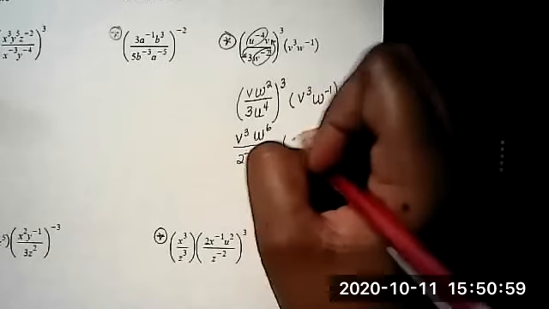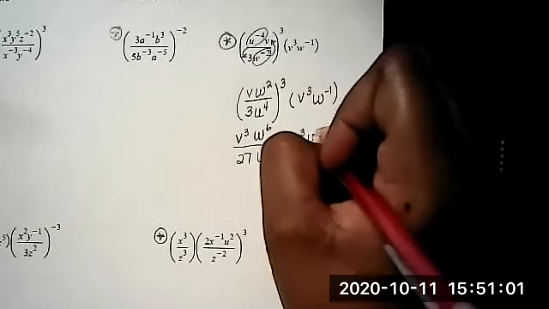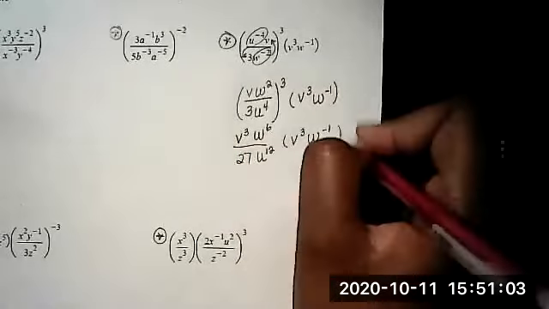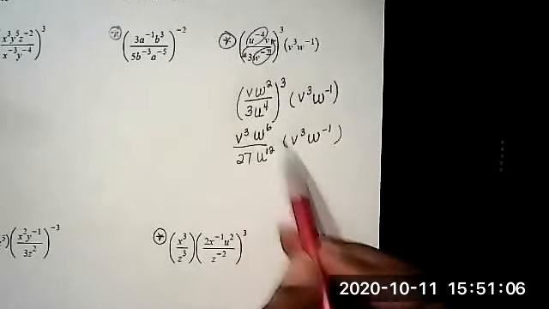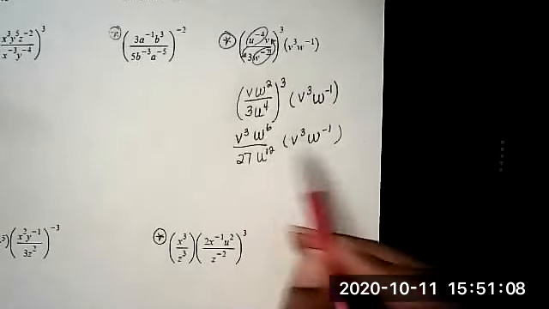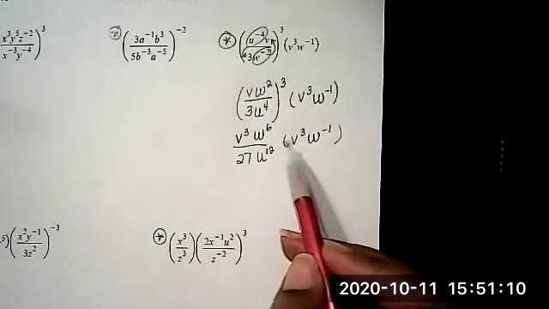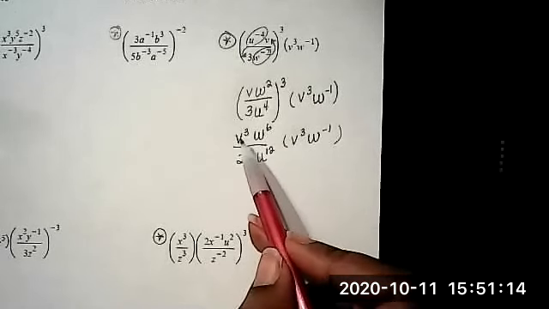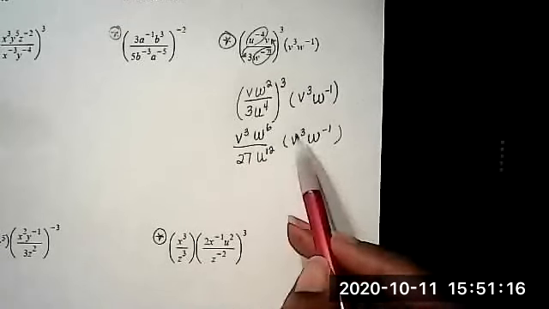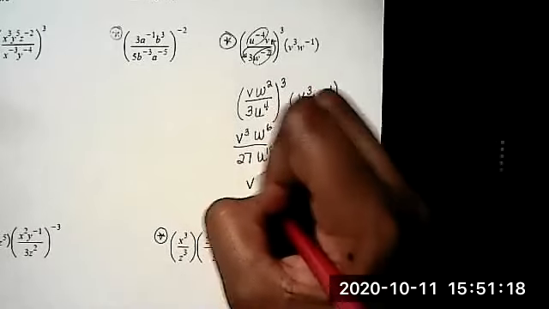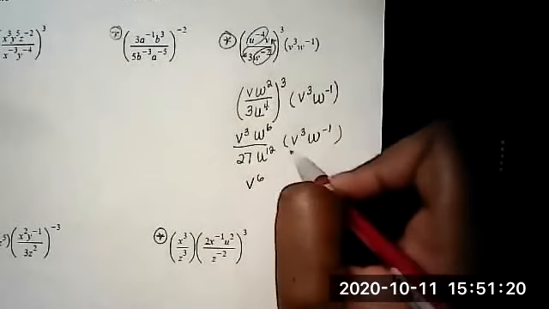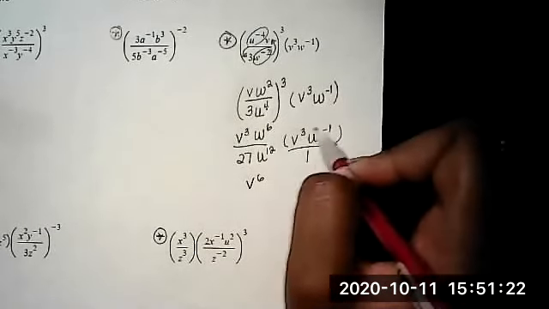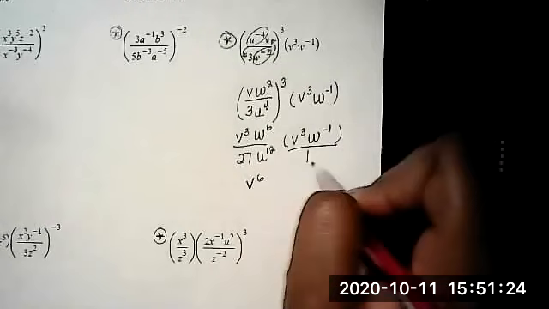And now we have V cubed, W to the negative 1, which basically just adds there. You combine the up top. So the V's you add, 3 plus 3 is 6. So this now becomes V to the 6th. Because if you understand that, it's over 1, so you just multiply straight across.